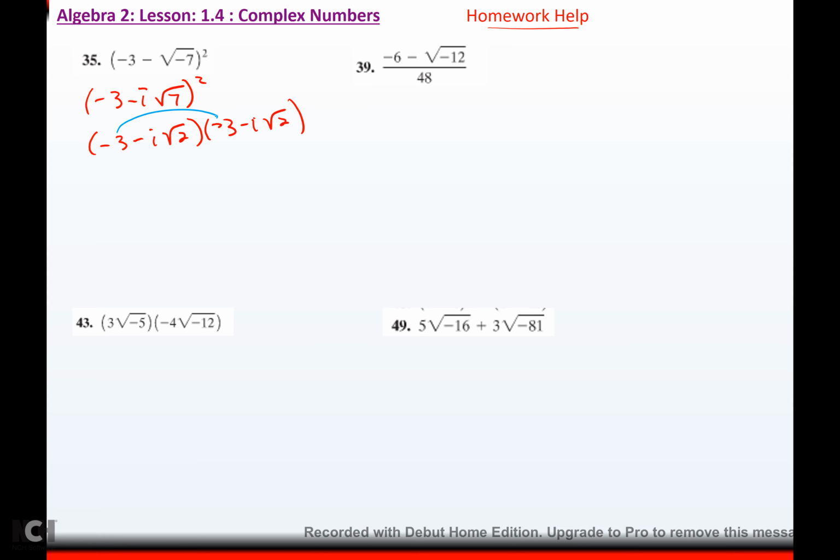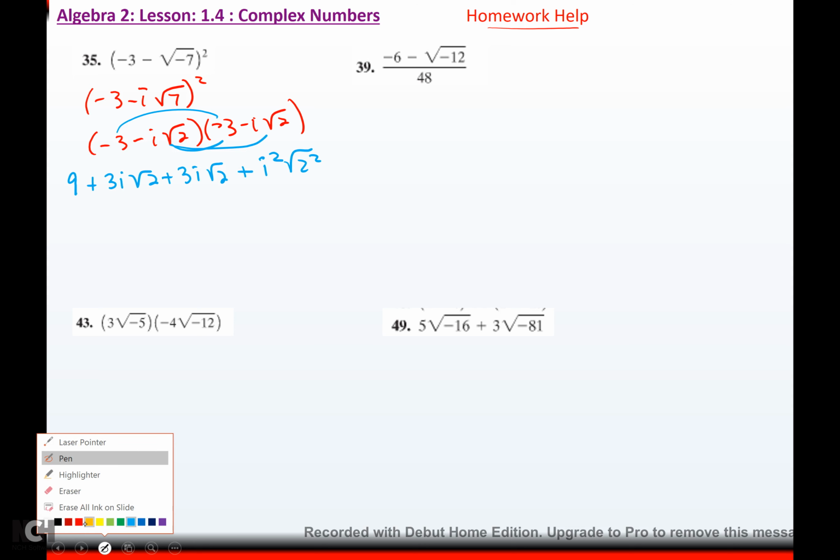Negative 3 times negative 3 is positive 9. Negative 3 times negative i square root of 2 is going to be positive 3i square root of 2. Negative i square root of 2 times negative 3 is going to be positive 3i square root of 2. Negative i square root of 2 times negative i square root of 2 is going to be a positive i squared times square root of 2 squared.